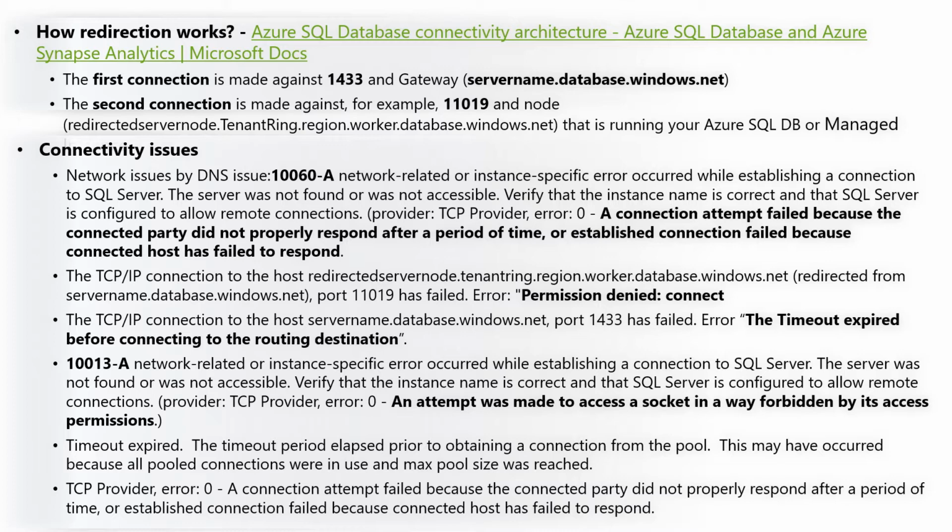You could have several issues, like in this one, where you could find errors. For example, 10060 means that it's a network issue, because something happened in terms of connectivity, firewall, DNS, etc. Another thing you could see is, if the firewall is not allowing the connection to port 11,000, this message: permission denied. Or, for example, you are able to connect to port 1433, but you are not able to connect to port 11,019.